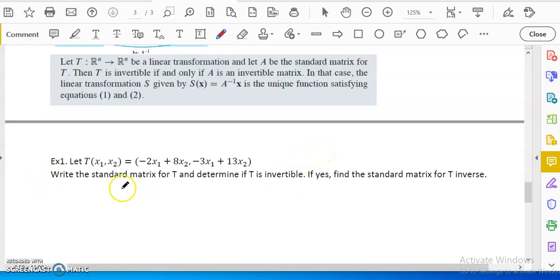So example 1: if I have a transformation of x1, x2, I can write it like this. What is the standard matrix A of T? So let's write T of x1, x2 like this.